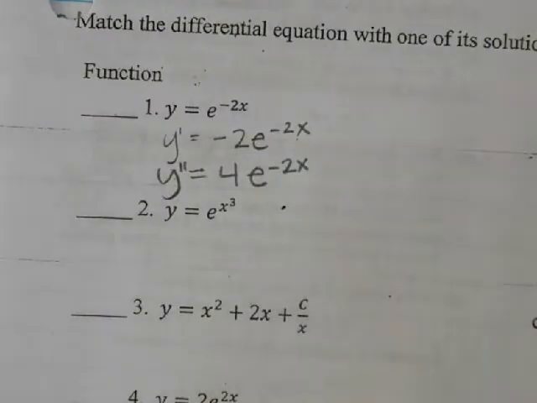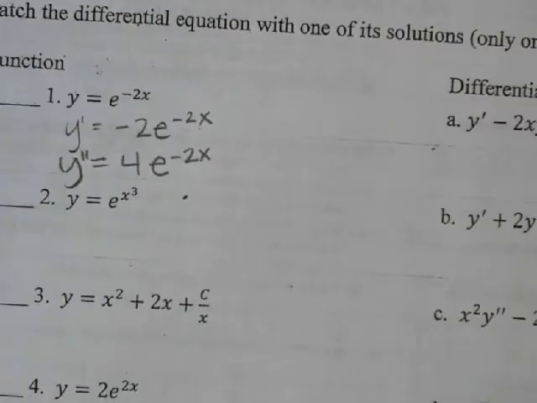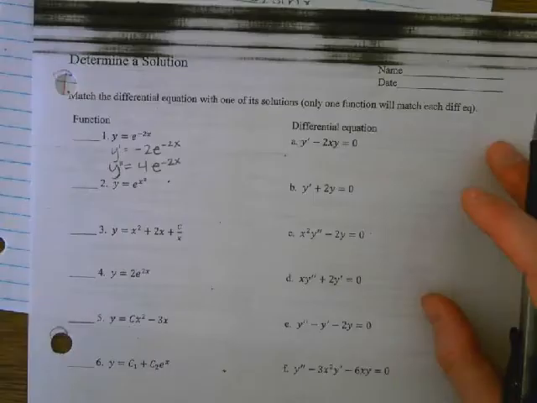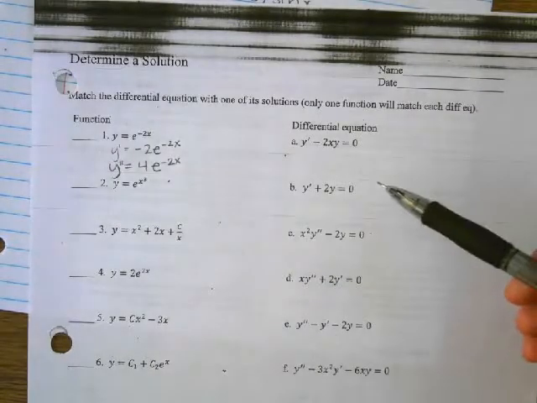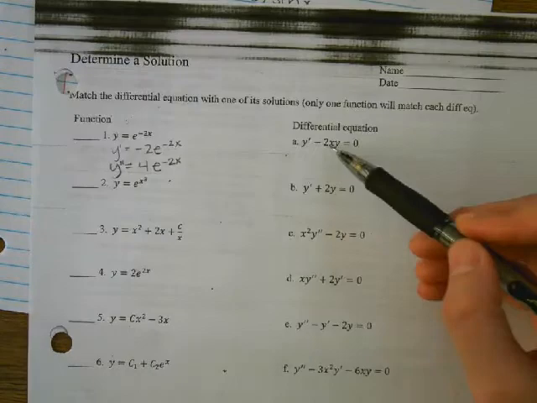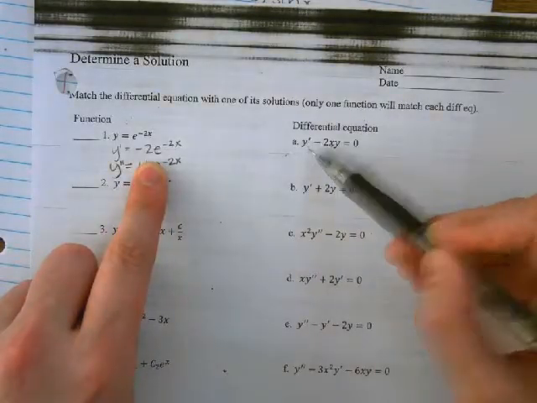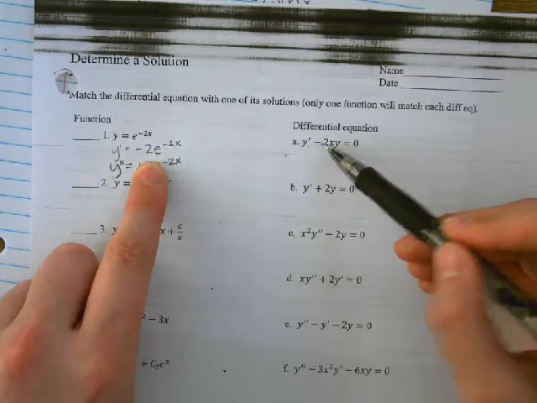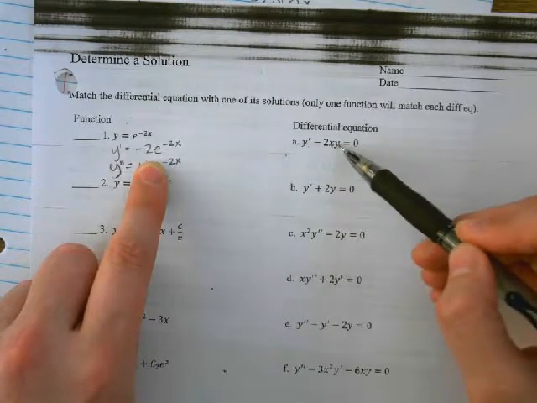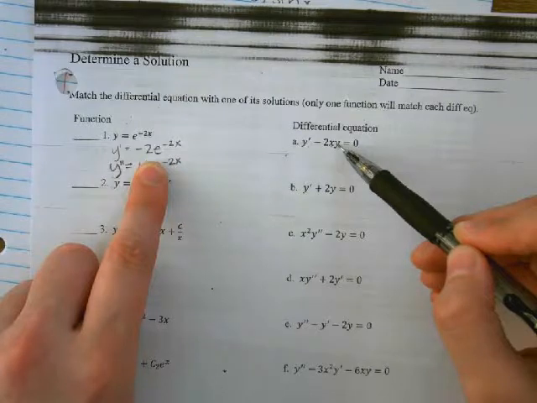All right, so now we have to look through our list of differential equations and see if we can kind of think about it. So if you look at the first one, it's saying take the first derivative and subtract off 2 times x times the original function. You think it's b?